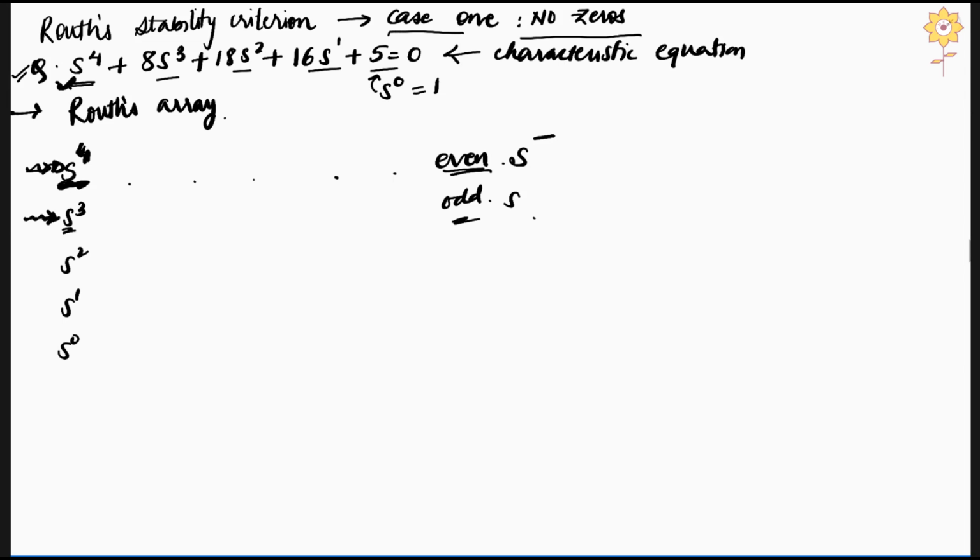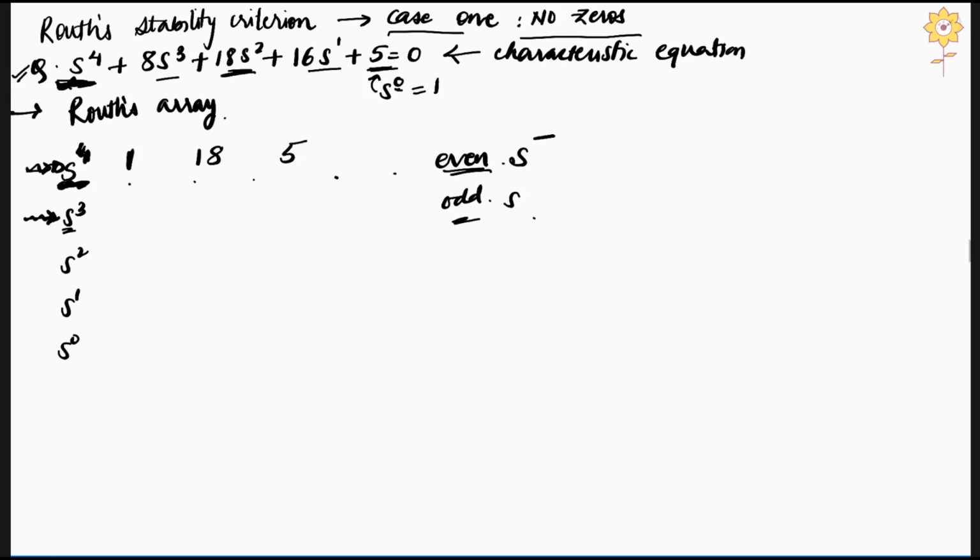Here we will be writing 1, since s raised to 4 has no number with it, so it indicates the number is 1. Then this is the positive or the even power, so 18, and this is s raised to 0, even again, so 5.